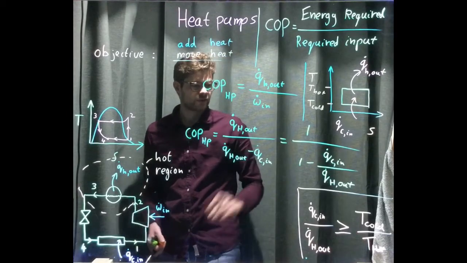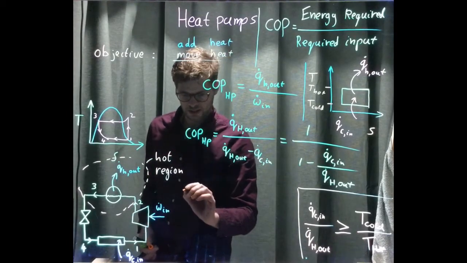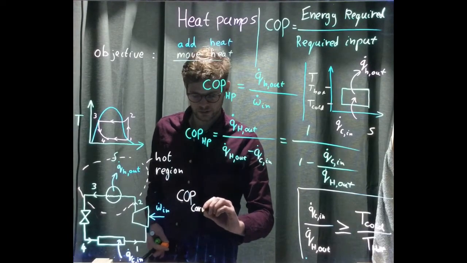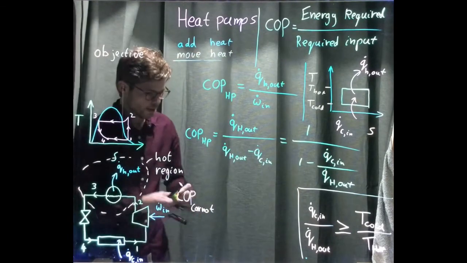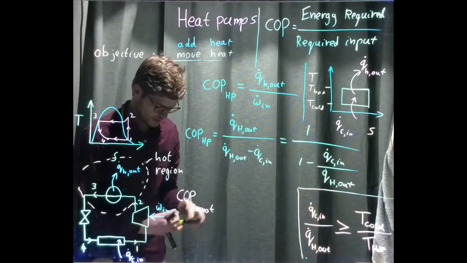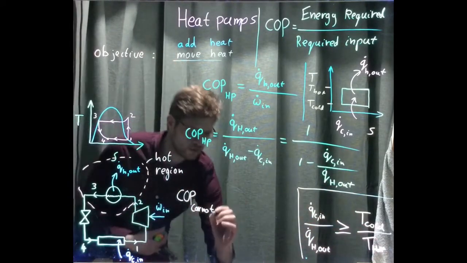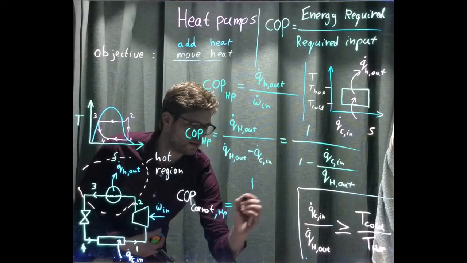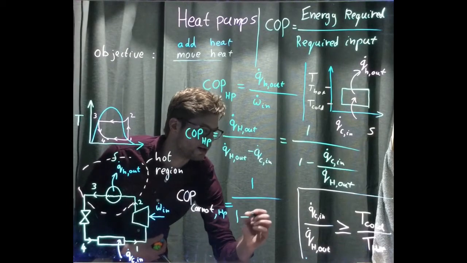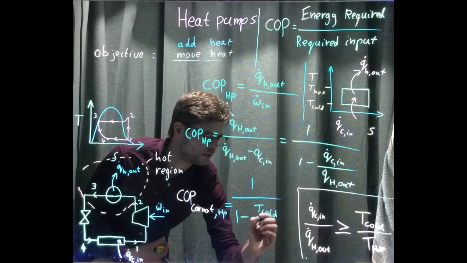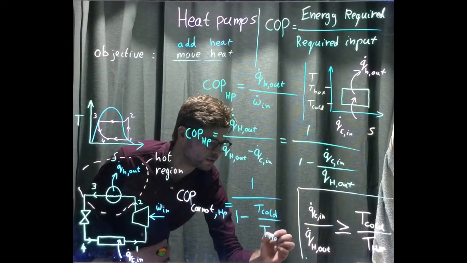If that holds, then I can substitute this into my coefficient of performance for a Carnot cycle. And then my Carnot efficiency for a heat pump will look like 1 over 1 minus T cold over T hot.